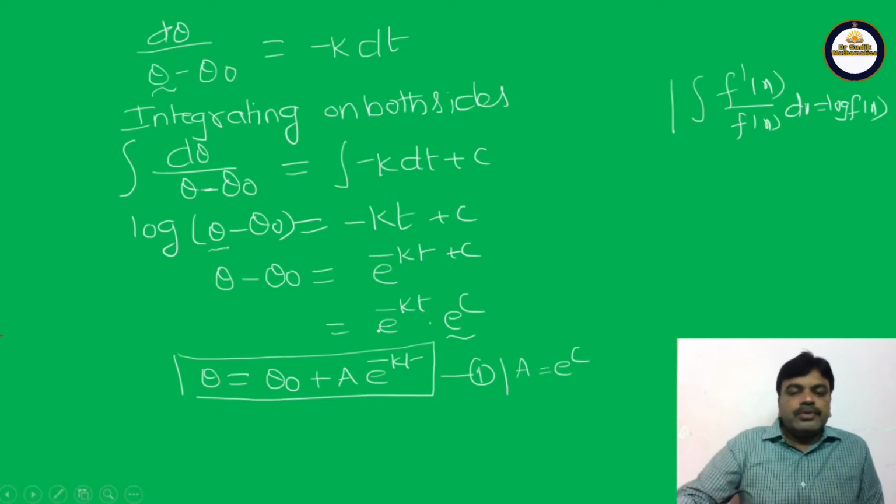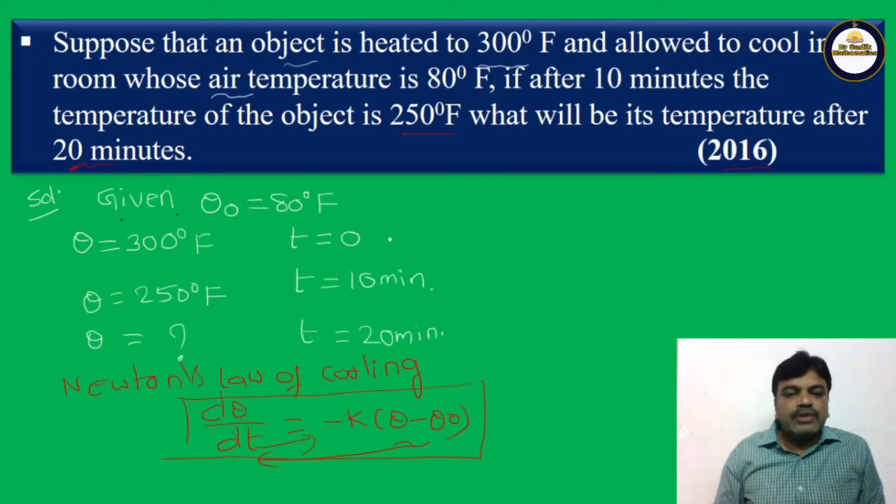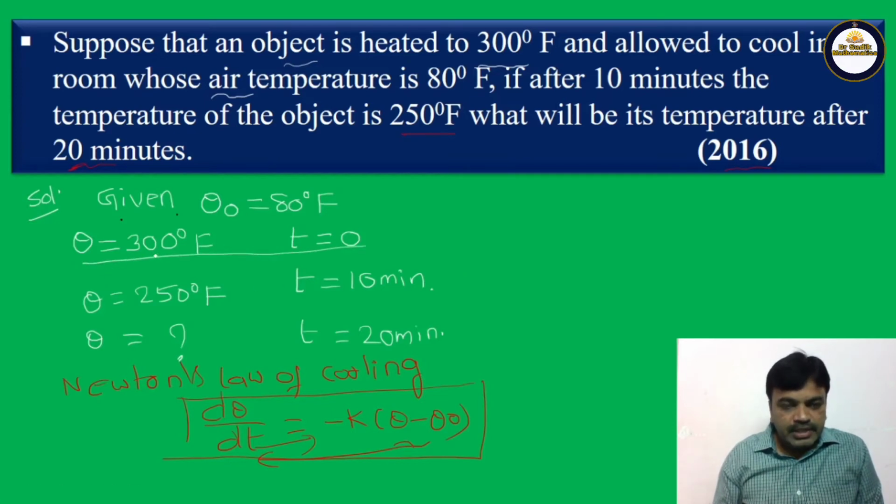Now I want to apply the first condition, friends. θ is equal to 300 when t is equal to 0, and θ₀ is 80.